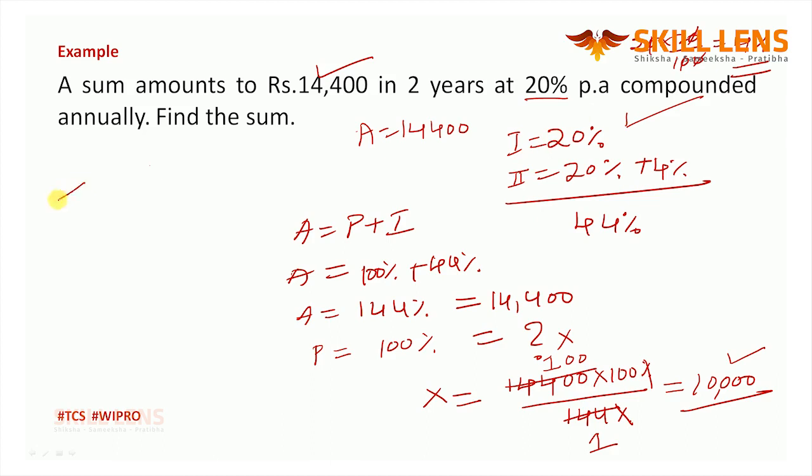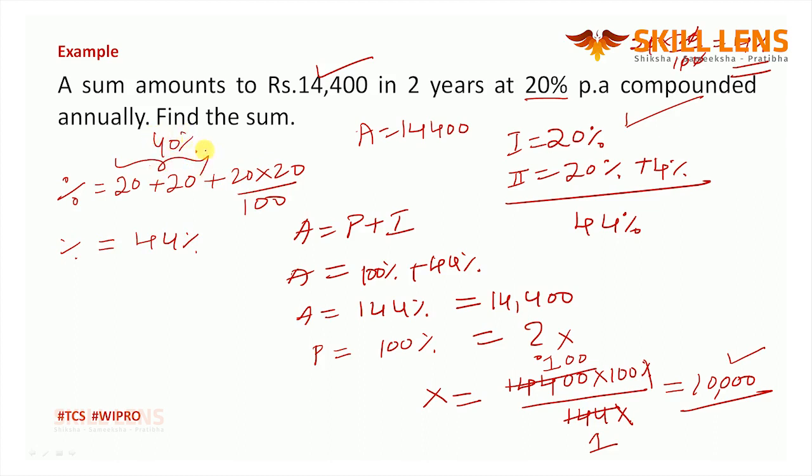But people will get confused with this calculation, so for them I have mentioned one formula. What is that? 20 plus 20 plus 20 into 20 by 100. That will result in 44%. How? This is going to be 40%, this is going to be 4%. Zeros will get cancelled.